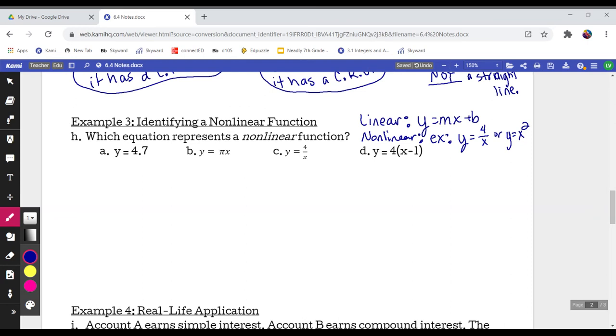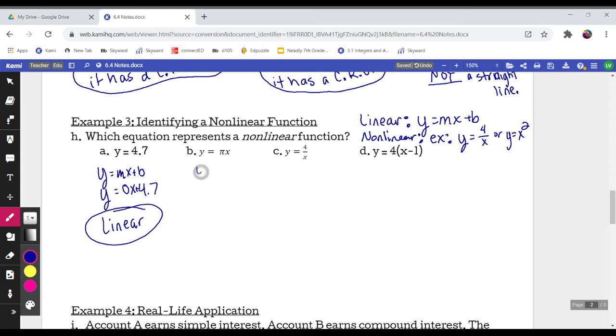So for letter A, y equals 4.7, or y equals 4 and 7/10. If I put it as y equals mx plus b, technically that would be 0x plus 4.7. So this is linear.